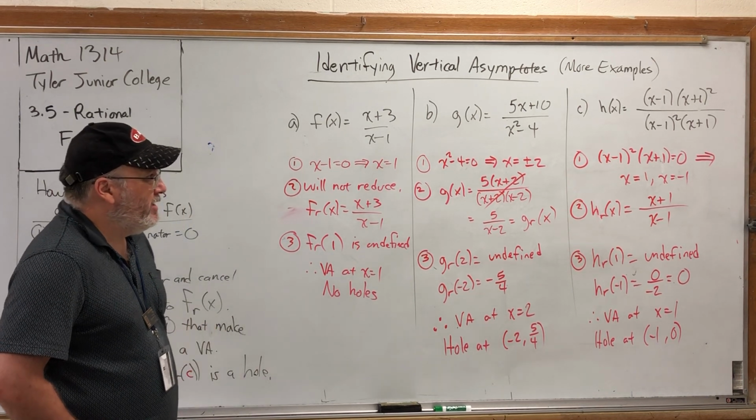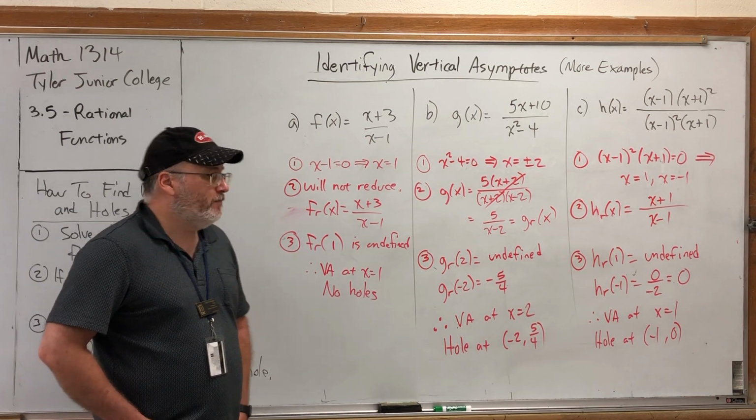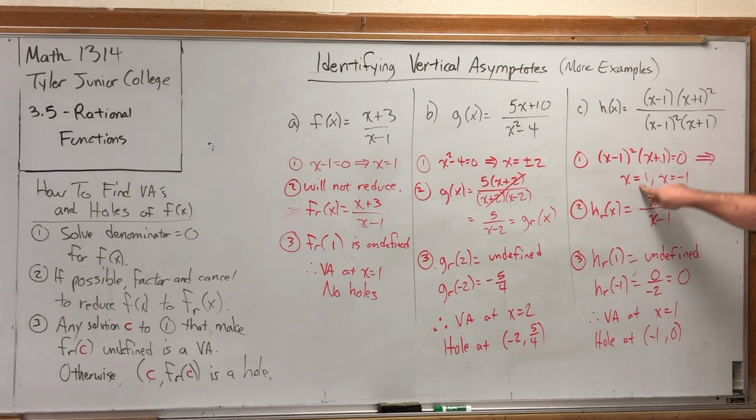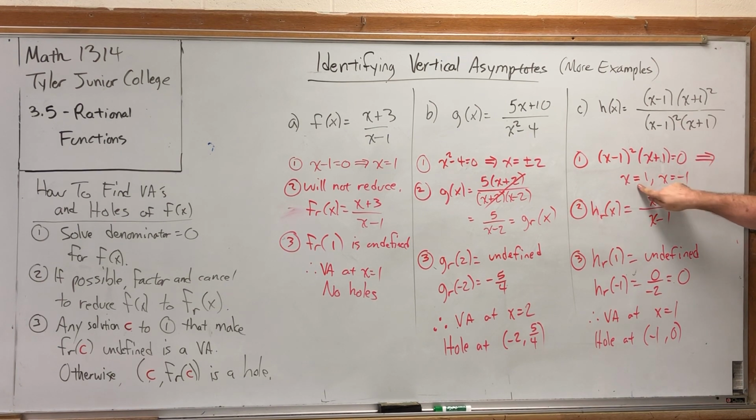There is a way to state whether you're a vertical asymptote versus a hole in terms of multiplicity. For example, 1 was a 0 of the denominator of multiplicity 2, but 1 was a 0 of the numerator of multiplicity 1.